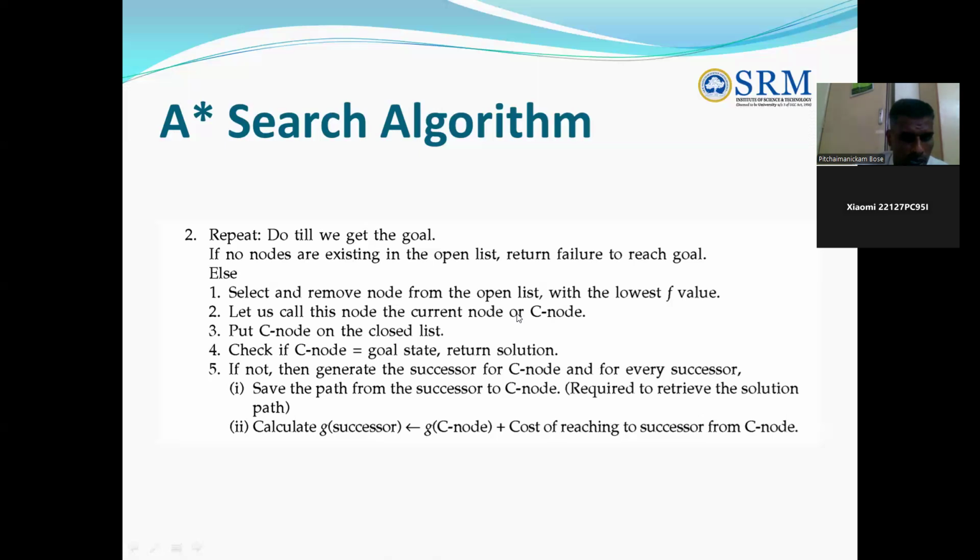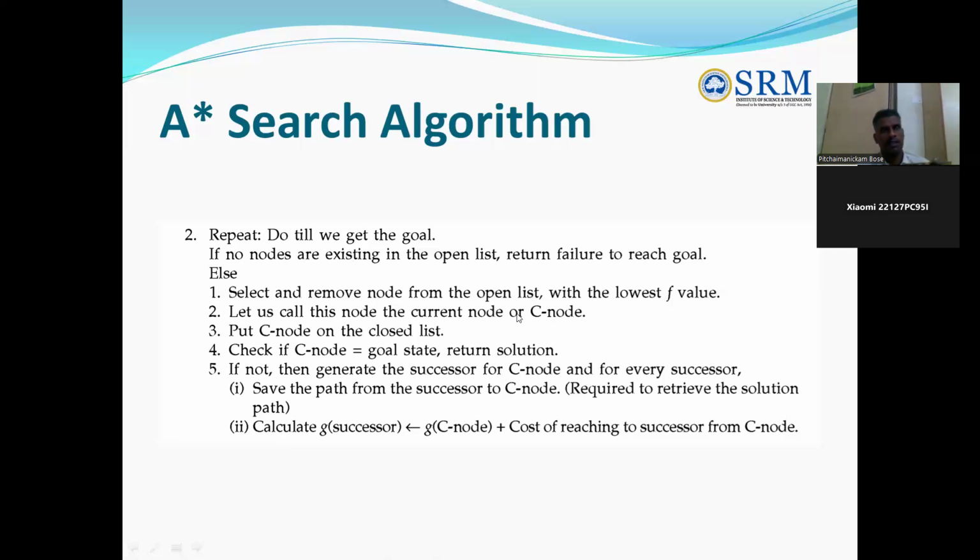So repeat until we get the goal. If no nodes exist in the open list, return failure to reach the goal. Else, select and remove from the open list the node with the lowest f value. Let us call this node the current node or the C node.